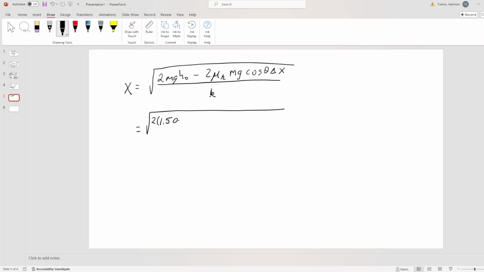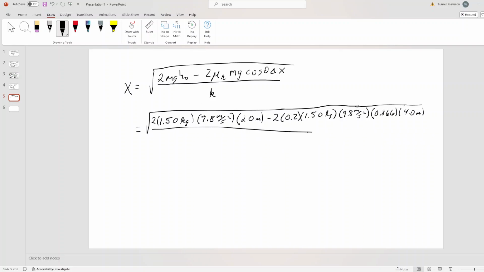times 1.5 kilograms times 9.8 meters per second squared times a height of 2 meters, minus 2 times 0.2. Coefficient of friction is unitless, by the way. Times 1.5 kilograms times 9.8 meters per second squared times the cosine of theta, which is 0.866, times delta x, which is 4.0 meters.